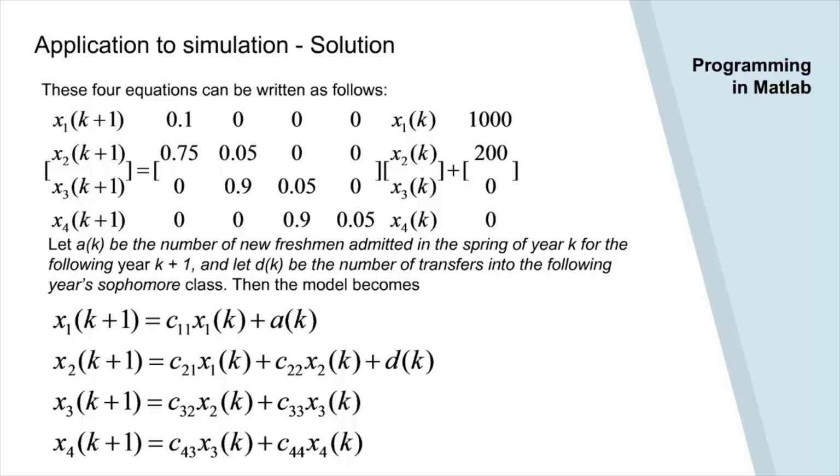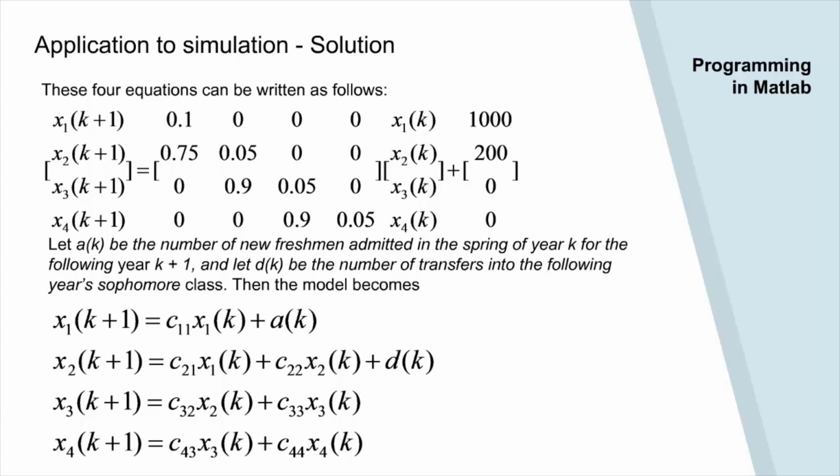So the overall general matrix form will be x(k+1) equal to A x(k) plus b, where b is a smaller matrix. x(k+1) will be a column vector of x1(k+1), x2(k+1), x3(k+1) and x4(k+1), whereas matrix A will be the coefficients like 0.1, 0.75 as shown here, x(k) will be x1(k), x2(k), x3(k), x4(k), and the small matrix b will be 1200, 0, 0.